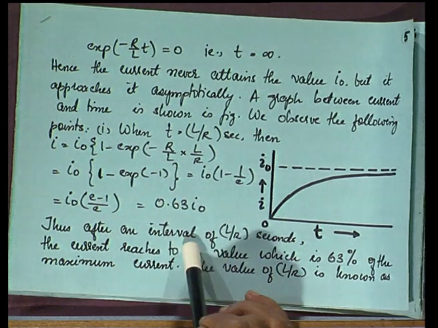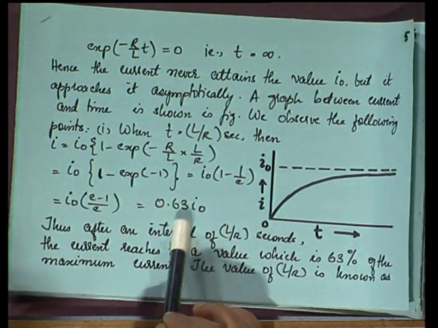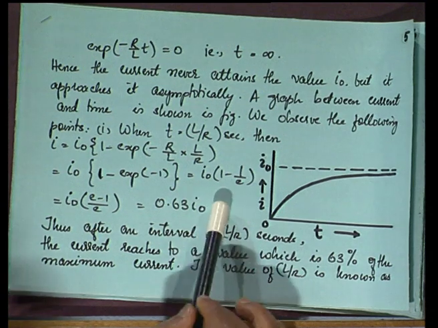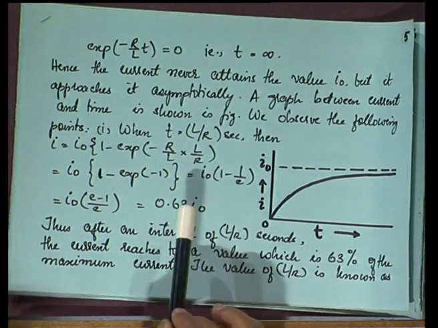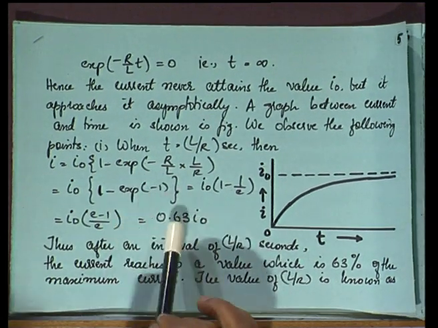If you calculate and simplify this equation, we get 0.63 I naught. So this is the time constant which we can calculate when the current is flowing through the LR circuit.